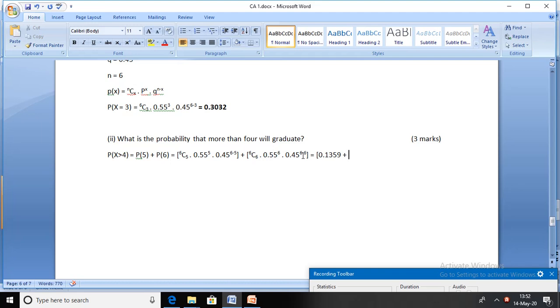You should get 0.0277. So what will be your final answer? Probability of x greater than 4 is equal to 0.1359 plus 0.0277. That is going to be 0.1636. That's your final answer.